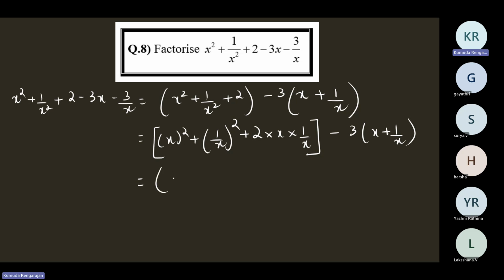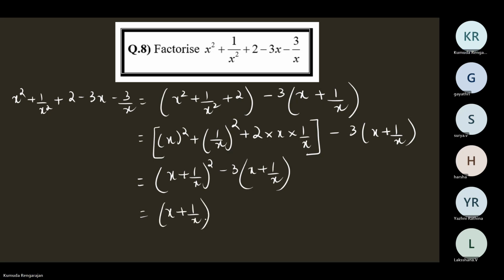So in the first bracket it is (x plus 1 by x) the whole square minus 3 into (x plus 1 by x). Now between these two terms, x plus 1 by x is common. I told you, treat this as a squared minus 3a. A is common. So in the bracket, a into a is a squared, minus 3 into a is 3a.